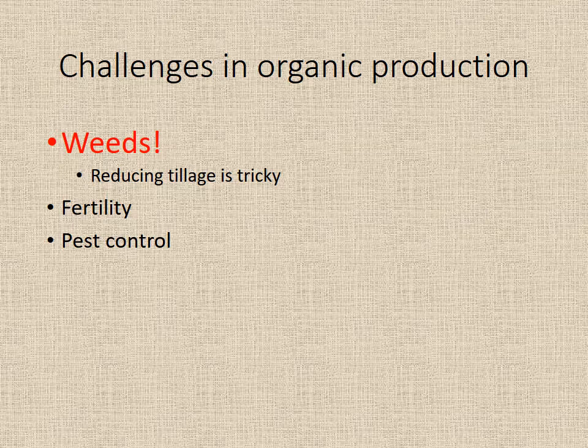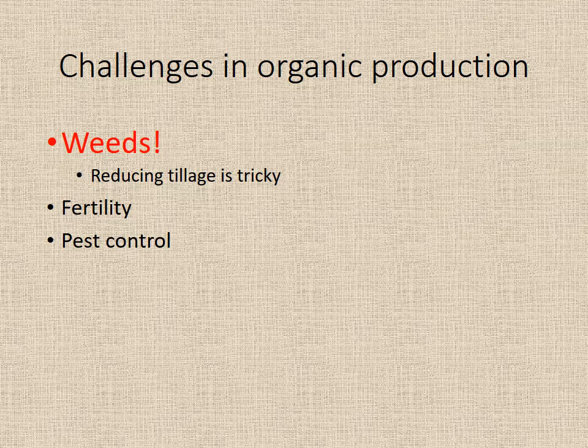Organic farmers face challenges that are distinct from those experienced by conventional growers. Most organic farmers will tell you that the biggest challenge in their systems is weeds. Managing weeds through mechanical or cultural methods is much more complicated and labor-intensive than just spraying them with herbicides.